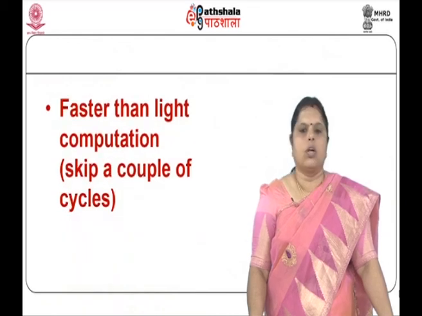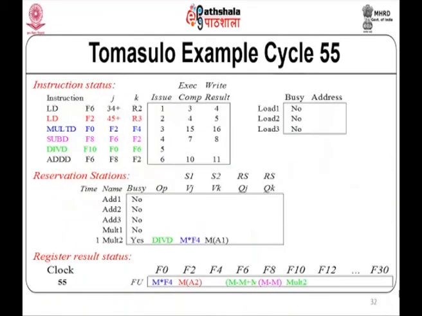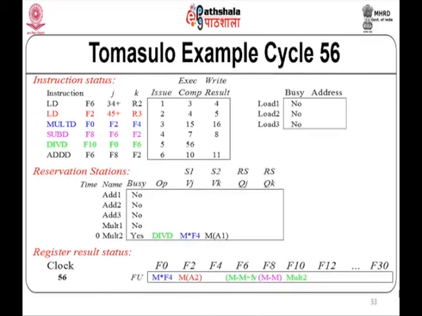Because divide has a latency of 40 clock cycles, it starts executing and finishes execution in clock cycle 56. It takes 40 clock cycles to execute.